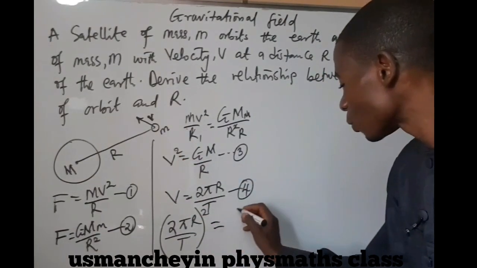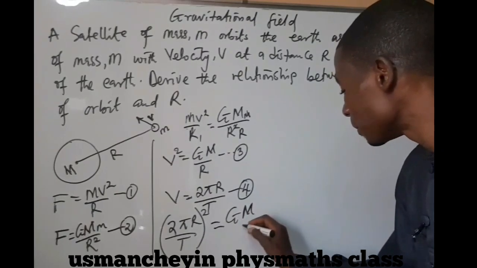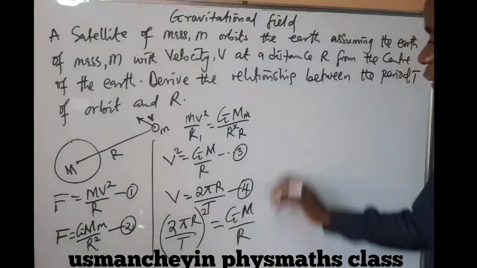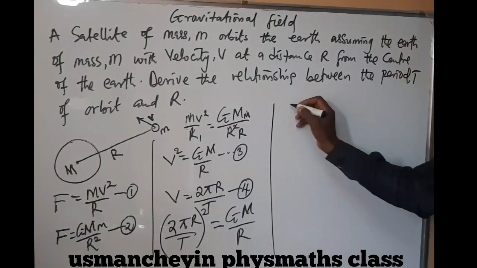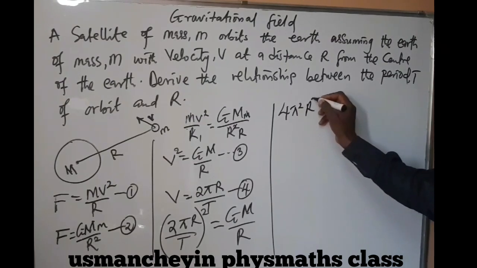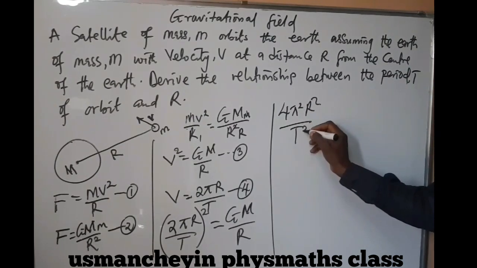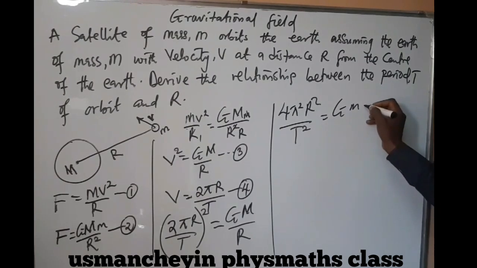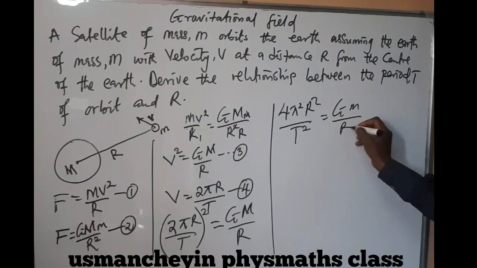All right, this will be equal to G M all over r. So from here, I'll open up this bracket so that I should have 4 pi square r square all over T square equal to G M all over r.